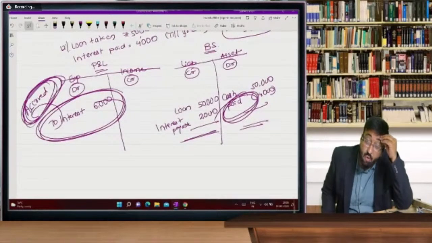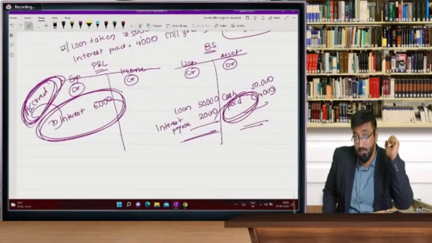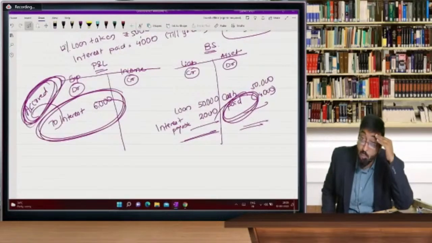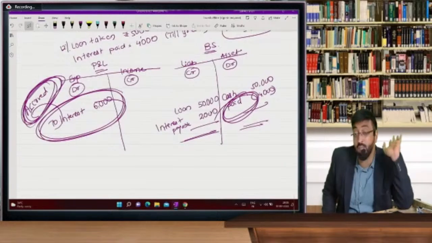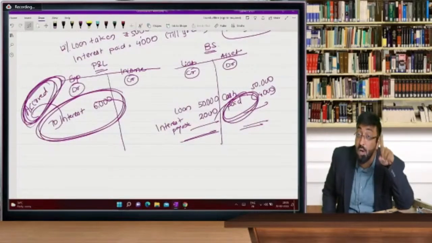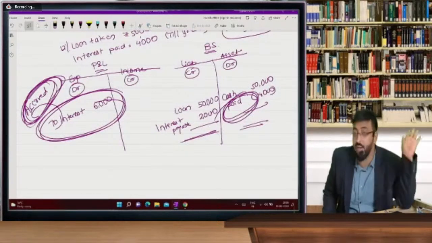It's my request to all of you. Take my basic 20 entries and visualize them, beta, otherwise your accounts will never improve. If you are not working on those 20 entries, remember, your basics will never improve.